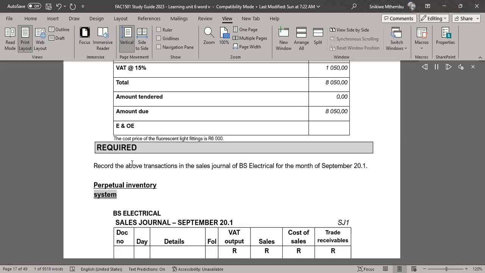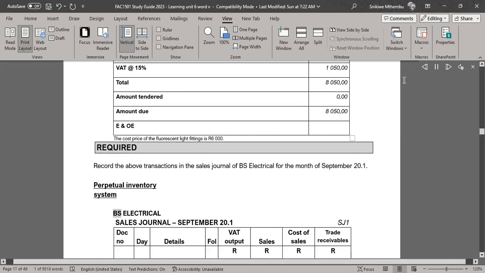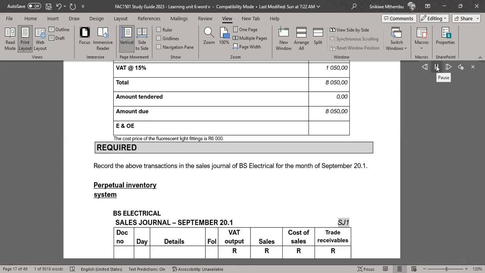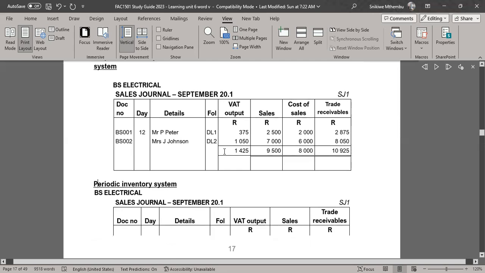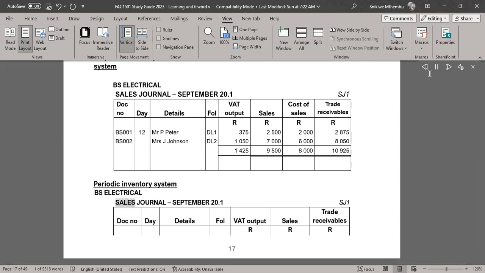Perpetual Inventory System. BS Electrical. Sales Journal, September 20.1 SJ1. Periodic Inventory System. BS Electrical. Sales Journal, September 20.1 SJ1.